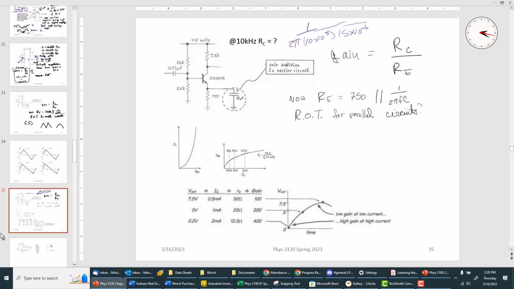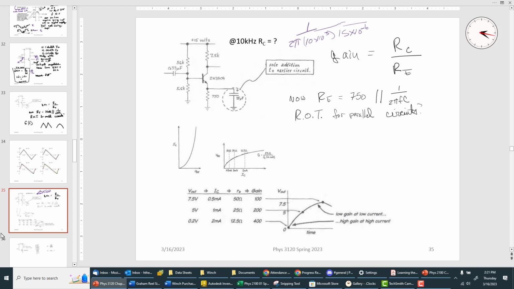And so you should do that calculation. And what happens is you're going to make R emitter so small because, remember, once the resistance of the capacitor becomes 1/10 of the 750, we can ignore the 750.